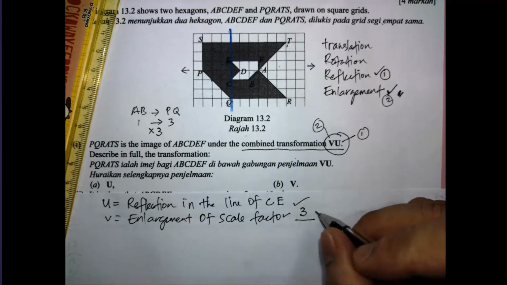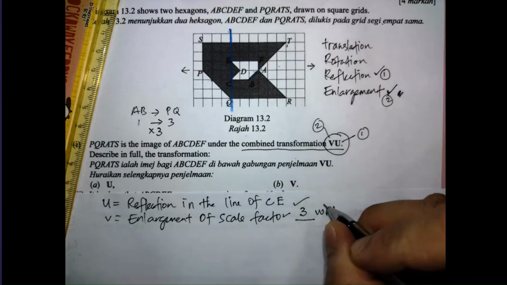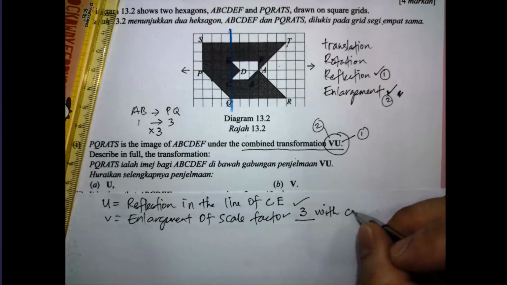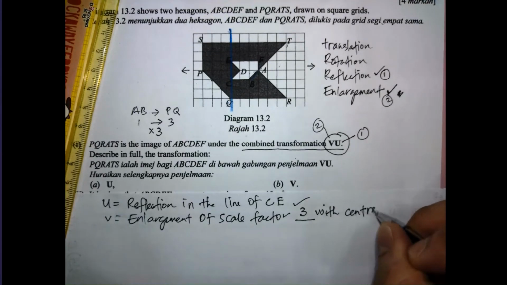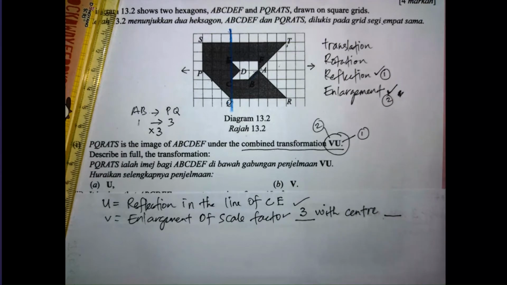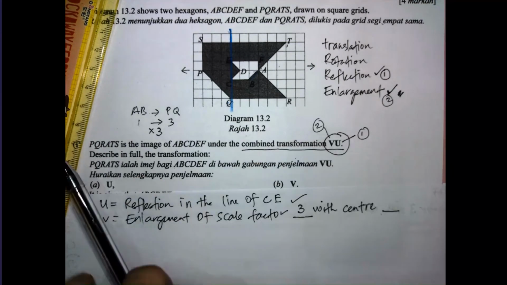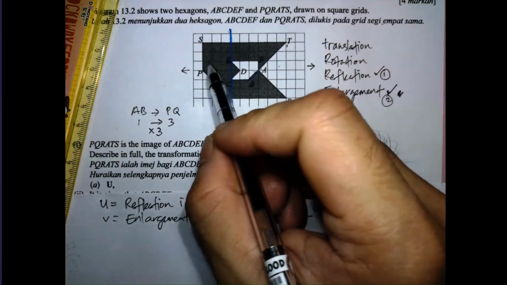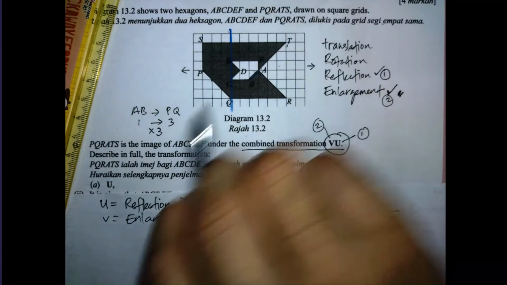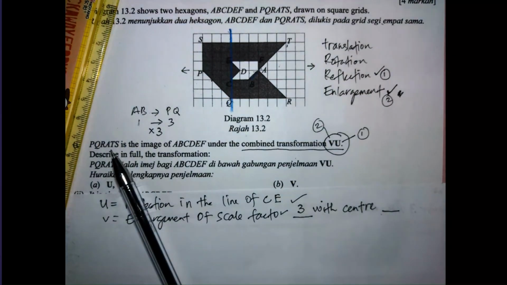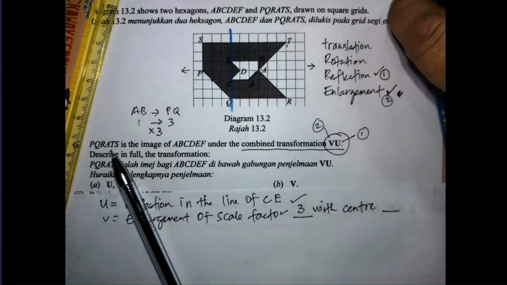We also need to know the center. What is the center of the enlargement? Just now we reflected the object, and now it is here already. The problem for this diagram is that it's too dark.